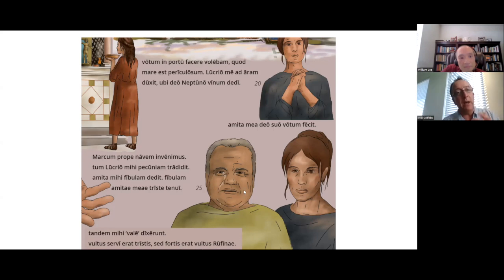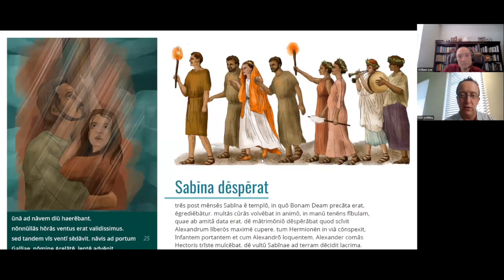Whatever she was feeling inside, she's putting on a tough exterior. Does she actually feel that way, or does she feel similar to Lucrio? So an opportunity there to look at some of the characters, how they're portrayed.